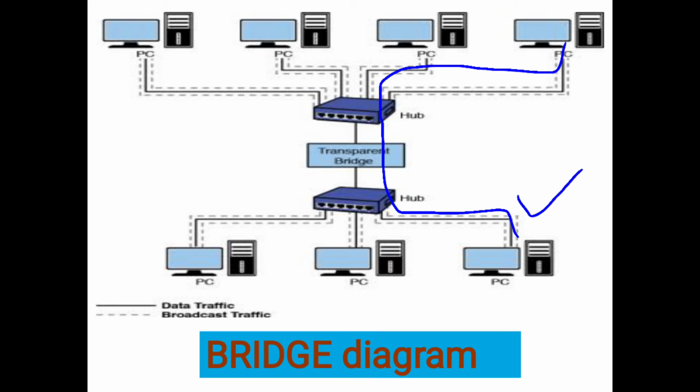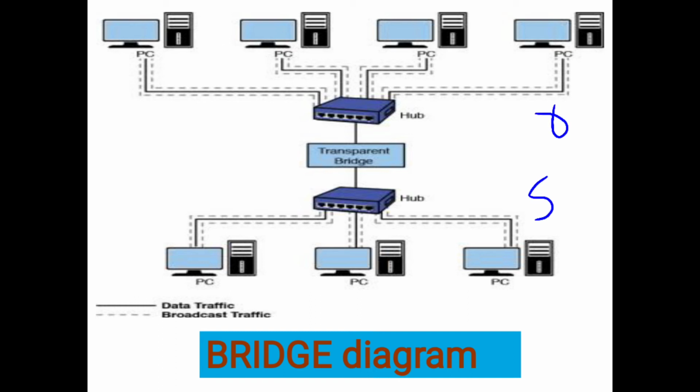When one computer is sending the data, unnecessary 39 computers will receive the data, and they will see that they don't have to receive it, and keep on dropping it. This computer is sending the data, this one is supposed to receive, so in between it will keep on passing to this one also. It will check that it is not supposed to receive, and drop it. This will simply reduce your network connectivity speed.